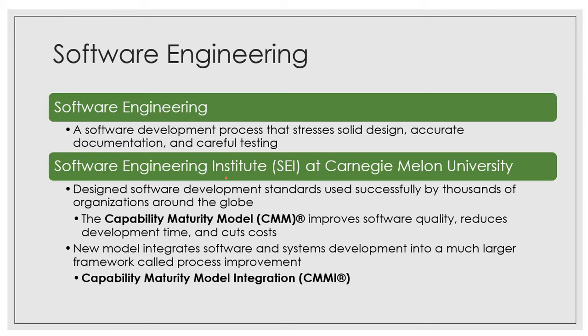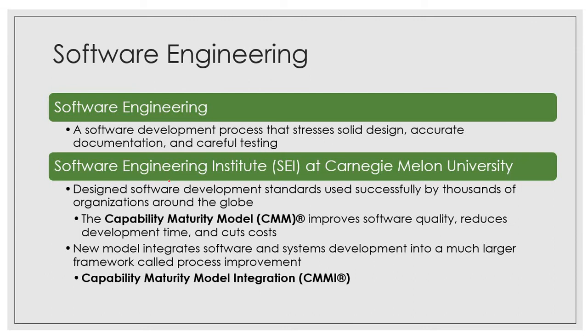An approach called software engineering is used to manage and improve the quality of the finished system. Software engineering is a software development process that stresses solid design, accurate documentation, and careful testing.